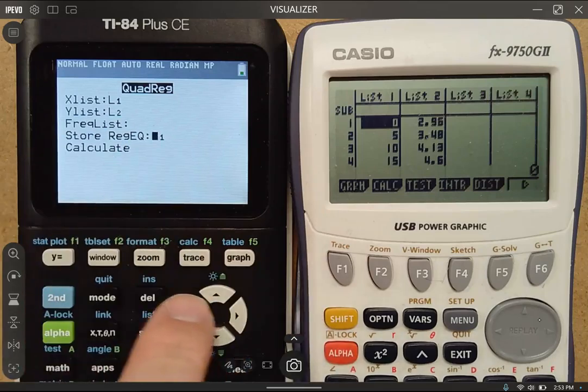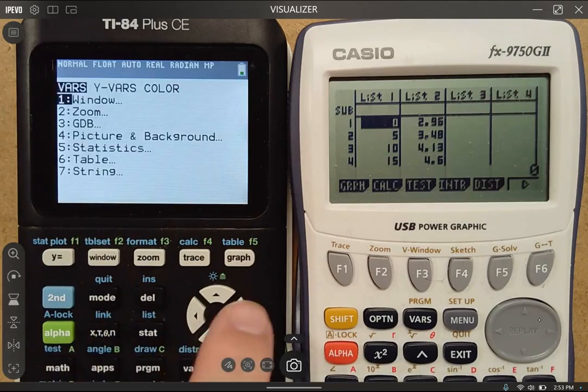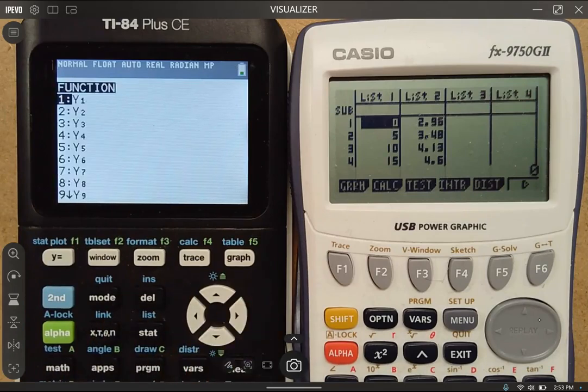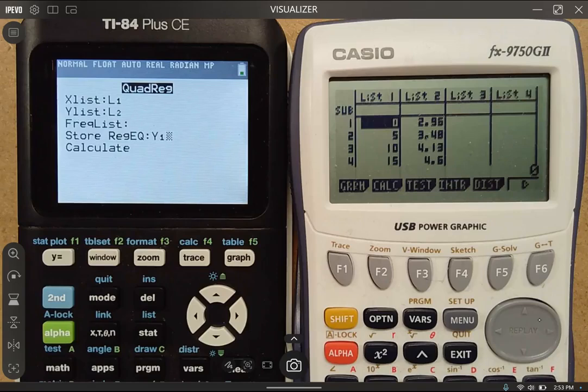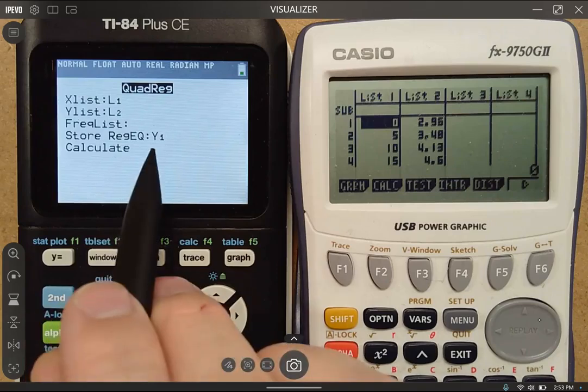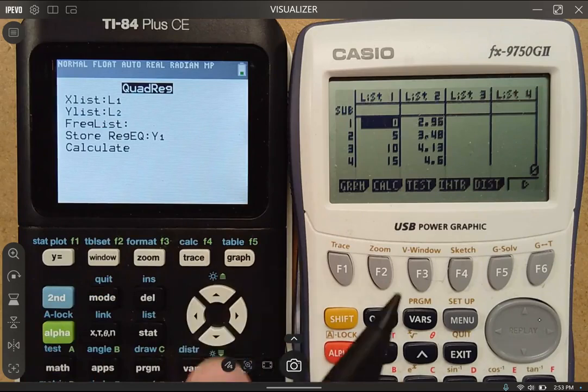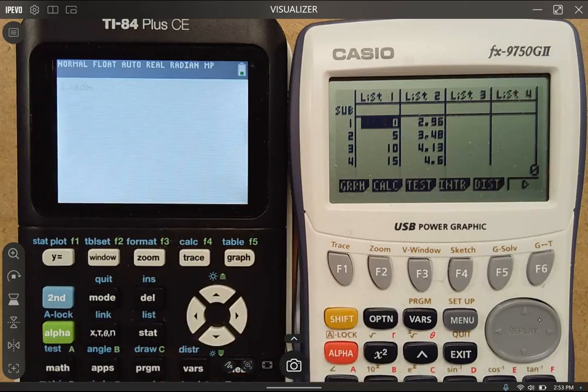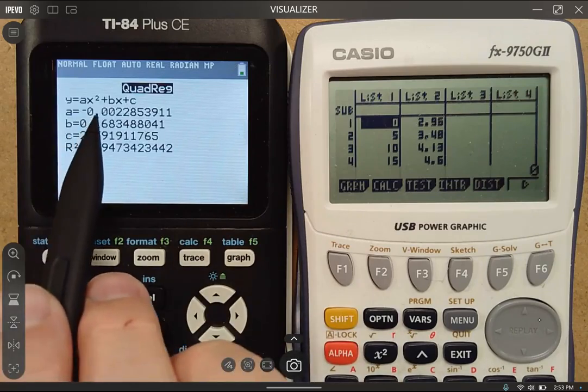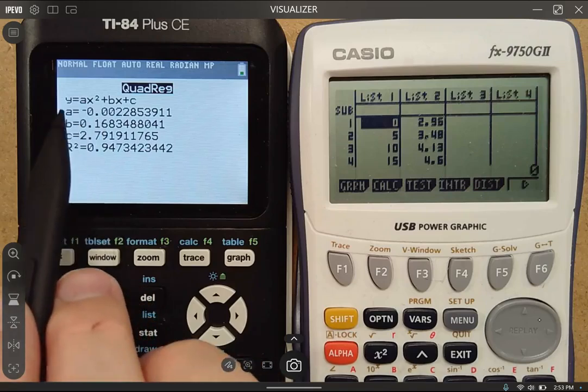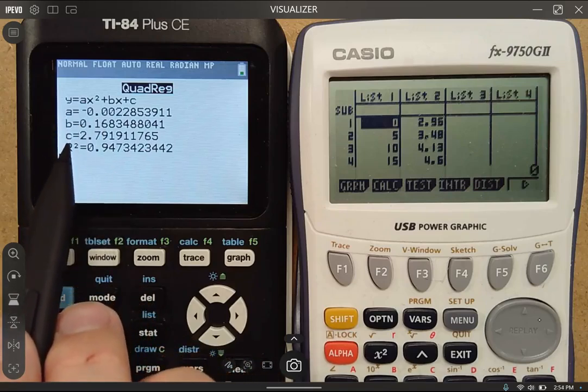On our older calculators, we would go to vars, Y vars, function, and then select Y1. Once you have selected Y1 for storing the equation, I'm going to hit calculate, and it calculates my regression for me, my A, my B, my C. Now there's also this R squared.